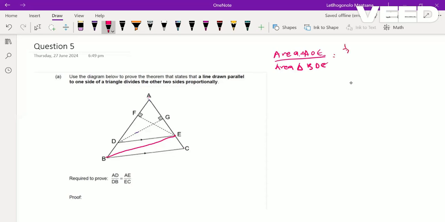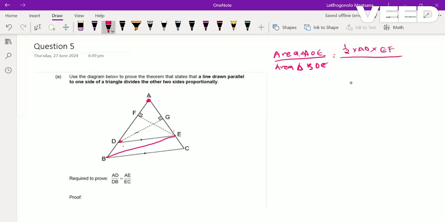So it's going to be 1/2. The base we're going to choose for the big triangle is AD, and for the perpendicular height, that's just going to be EF.